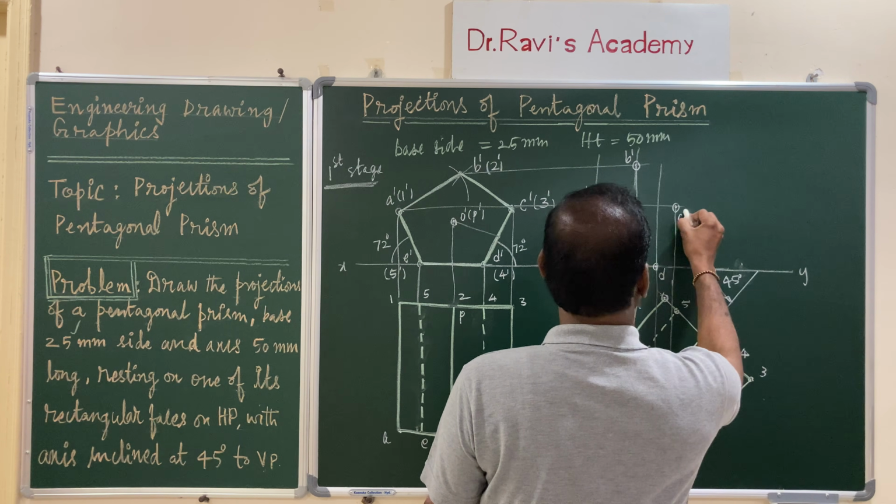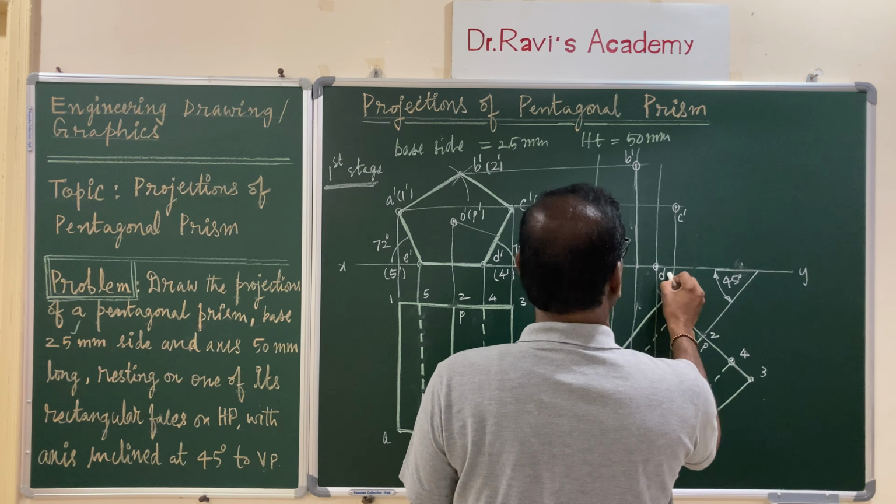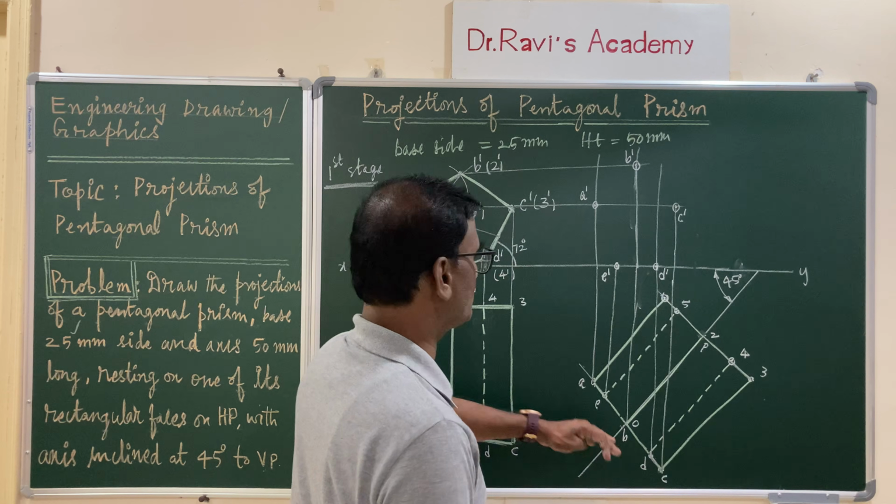So you got all the points A prime, B prime, C prime, D prime, and E prime.